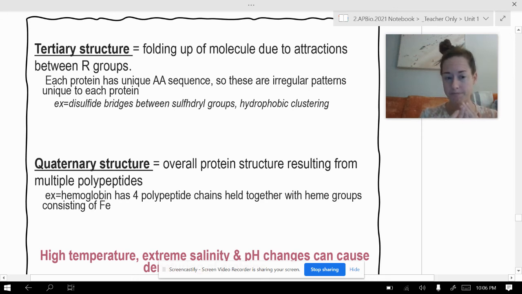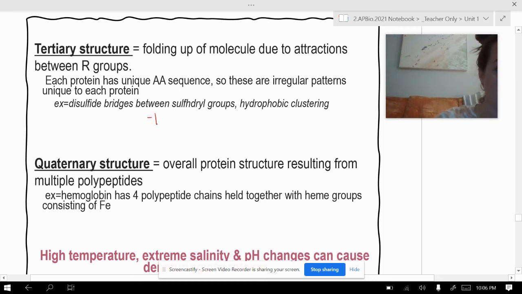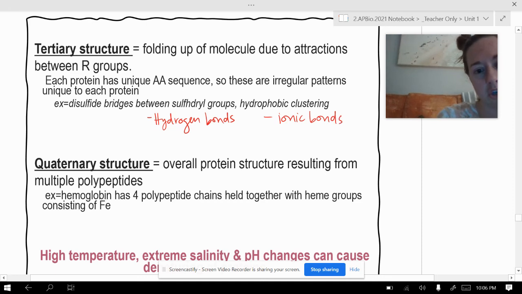So at this point, you're going to have interactions that can be hydrogen bonds. They can be ionic bonds if your R groups were positively or negatively charged. They can be van der Waals interactions.